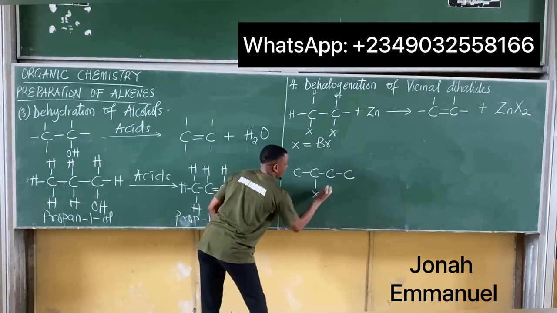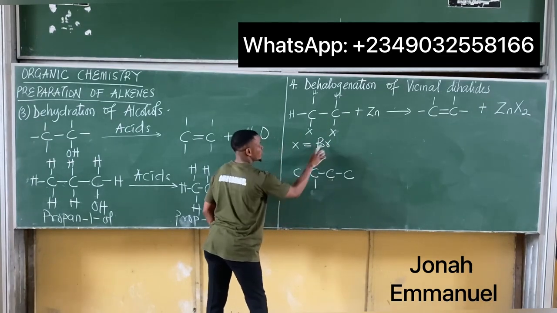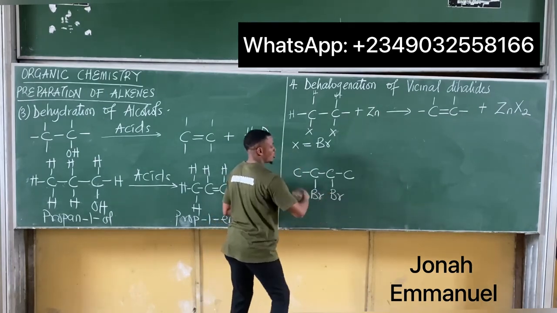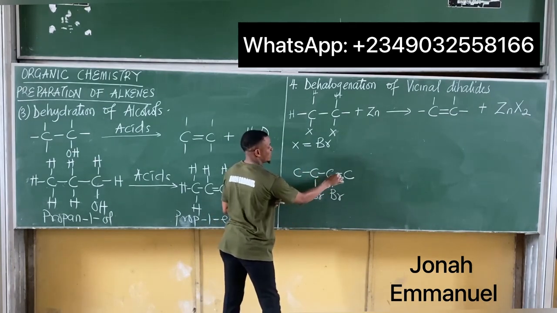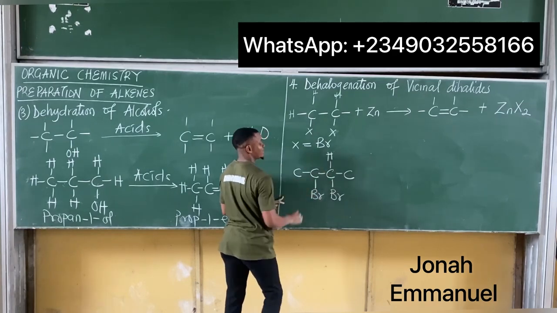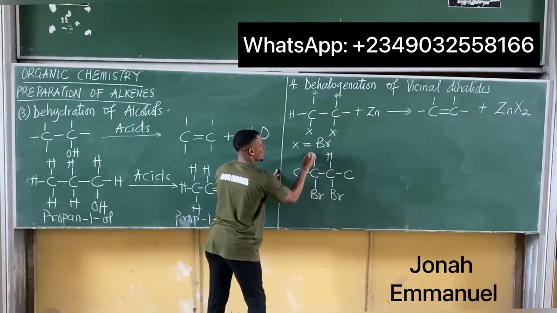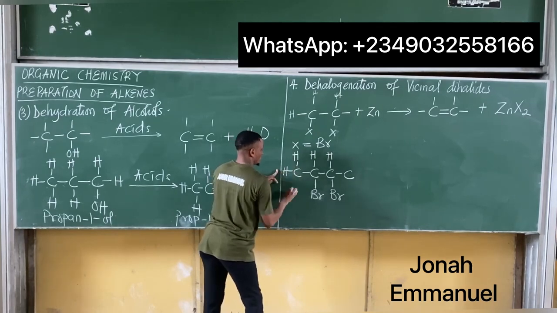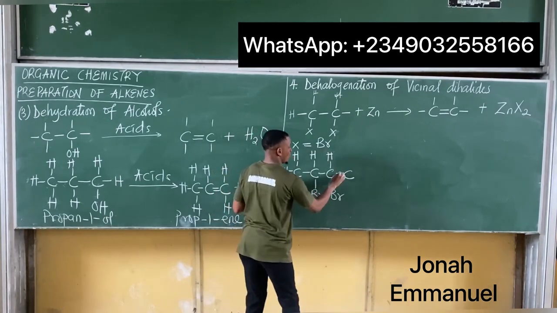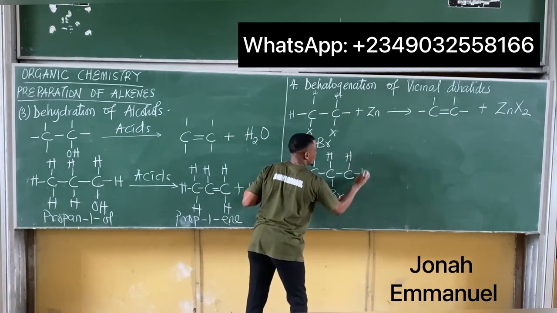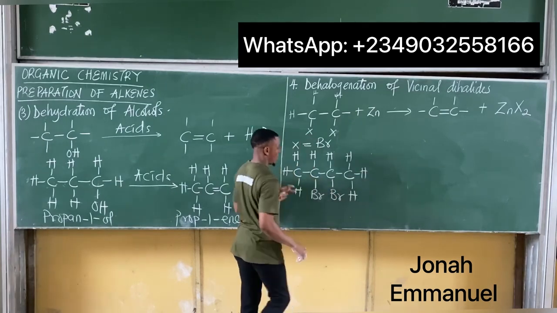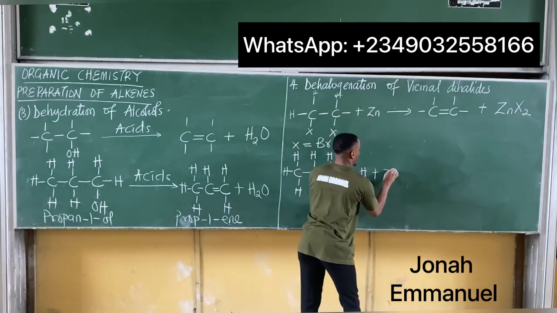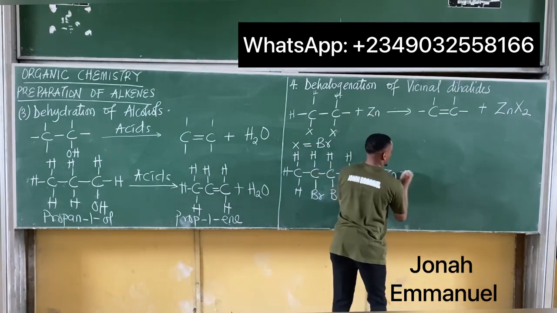Sorry, we said X should be bromine, Br. Try to complete this one here: 1, 2, 3, 4. I have this compound, plus I have Zn.